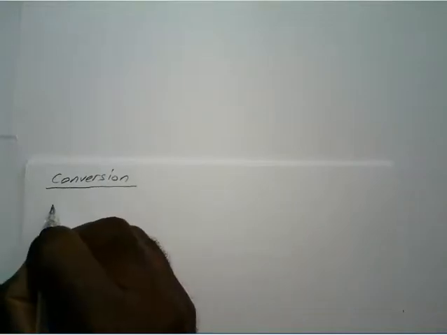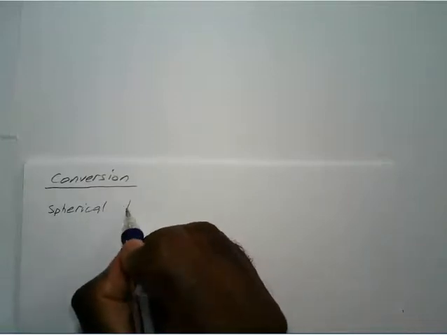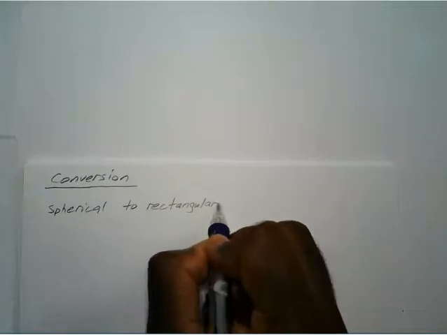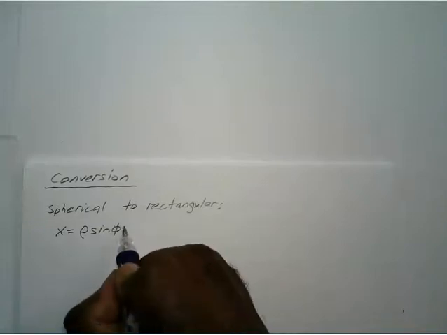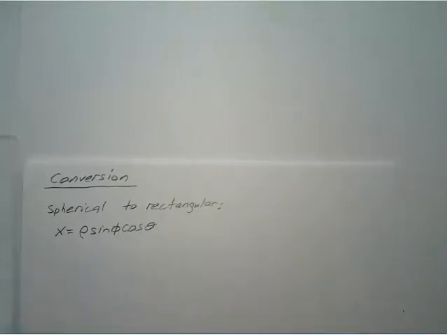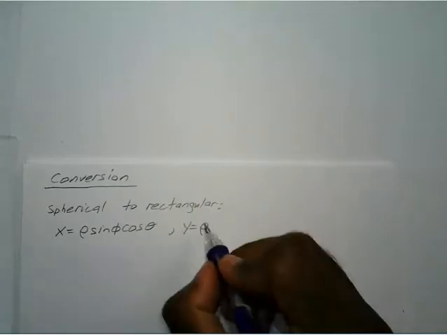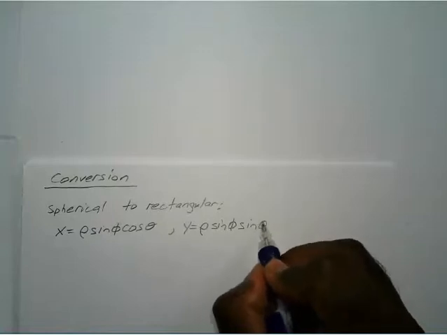Okay, so if you wanted to convert from spherical to rectangular, you know that x will be equal to rho sine of phi cosine theta. Y is equal to rho sine of phi sine of theta.